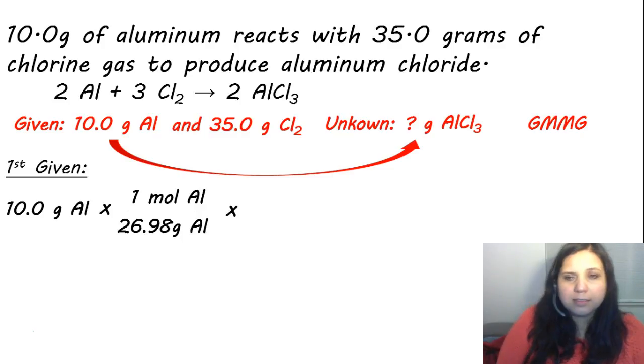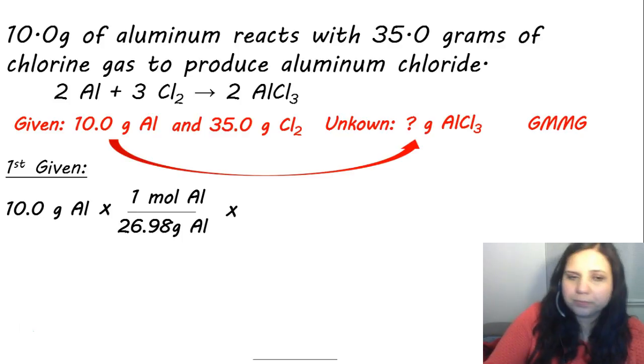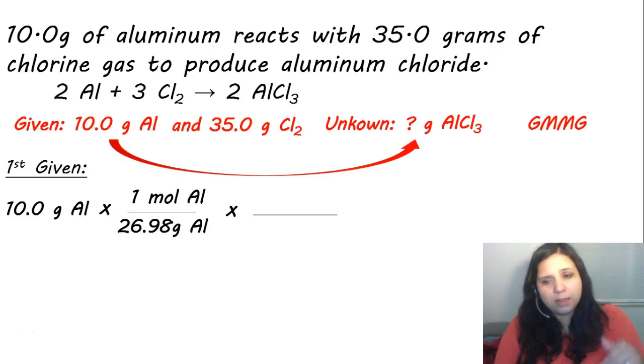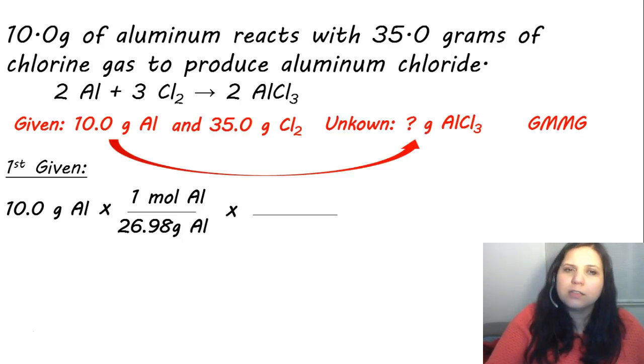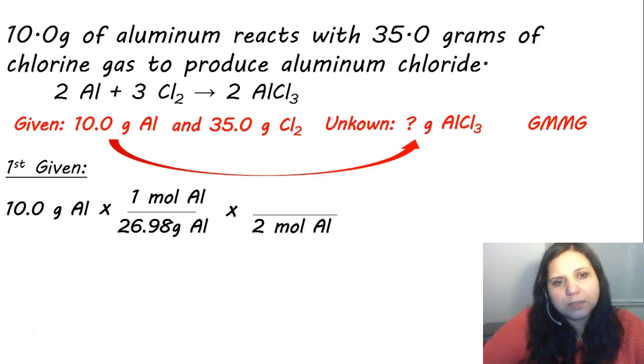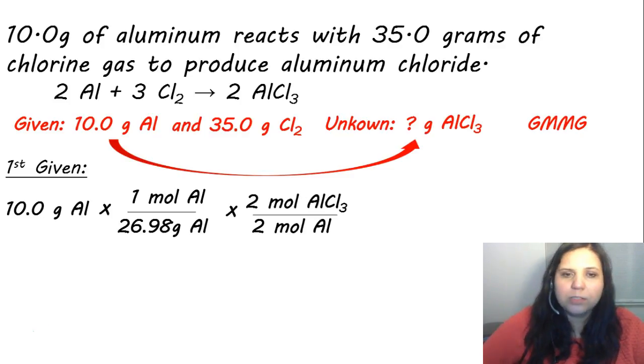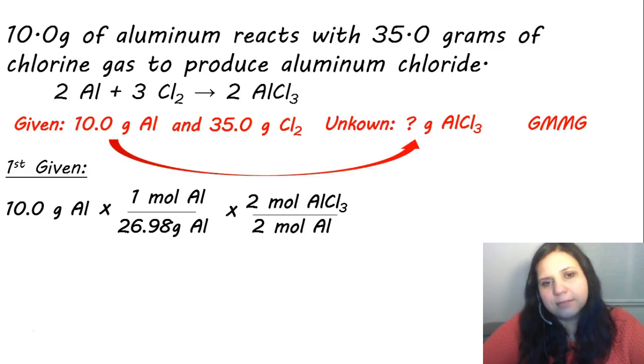And then the second step in a mass-to-mass problem is using the mole ratio. And so for the mole ratio, we have moles of the given on the bottom, so it cancels. And so according to the balanced equation, that would be 2 moles of aluminum, and then moles of the unknown on the top, which is 2 moles of aluminum chloride.